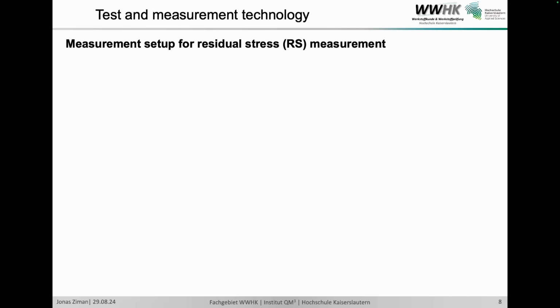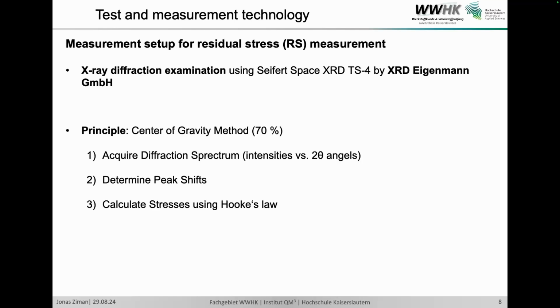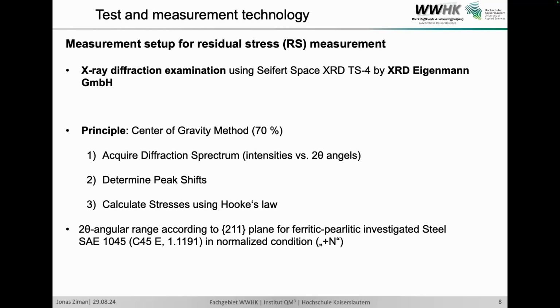We also did some residual stress measurements. Therefore, we used X-ray diffraction examination using Seifert Space XID TS4 by the company XRD Eigenmann GmbH. Therefore, we used the center of gravity method for 70%, which consists of acquiring a diffraction spectrum, so the intensities versus the two theta angles. There we get the peak shifts, and we can calculate the residual stresses using Hooke's law.